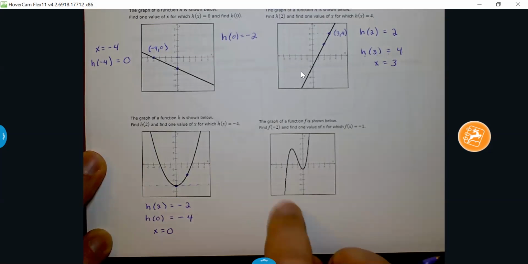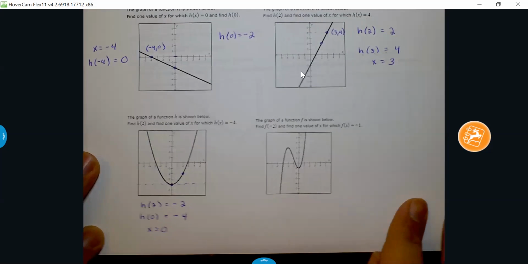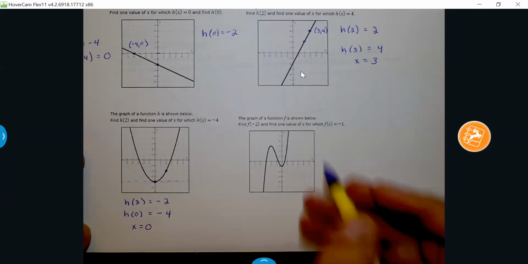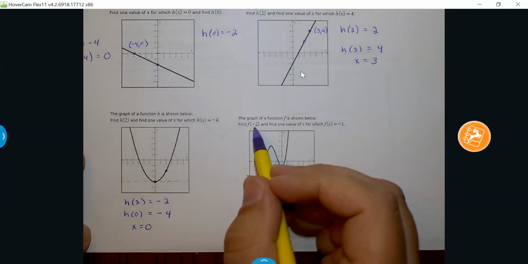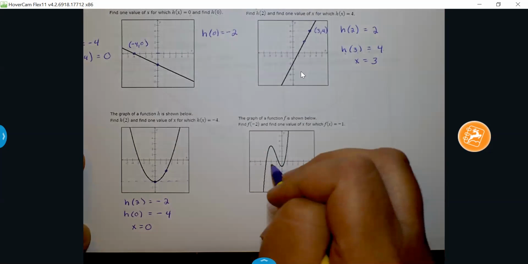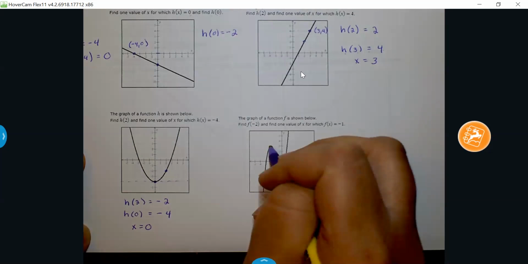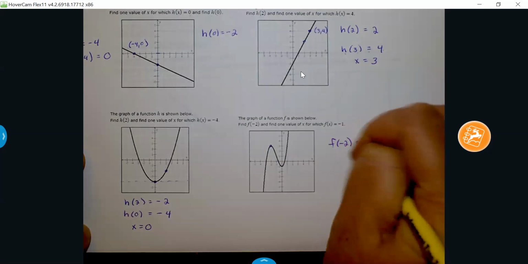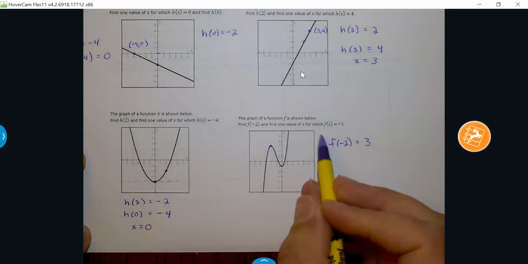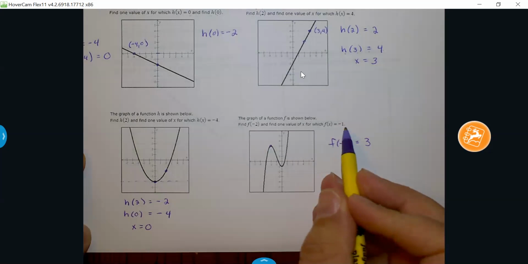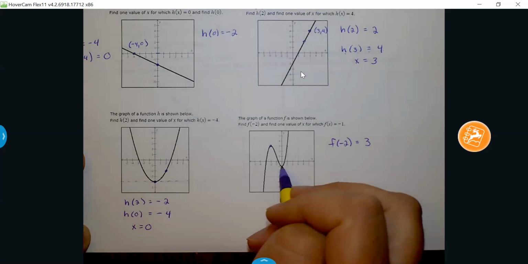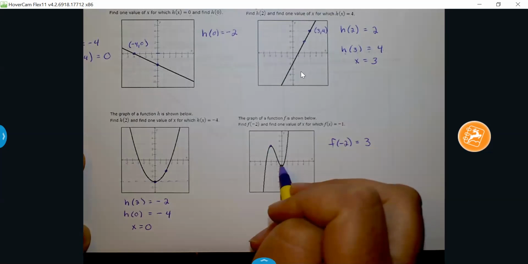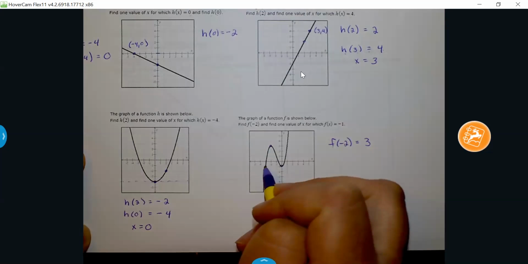I'm wondering if this one has it. Yes, this one is a little bit different. It's a unique situation. So same thing here, f of -2. So -2 has an output or a y value of 3. So f of -2 equals 3. And they want us to find f of x equals -1. So if we find the y value of -1, we have this point here, and we also have this point here.